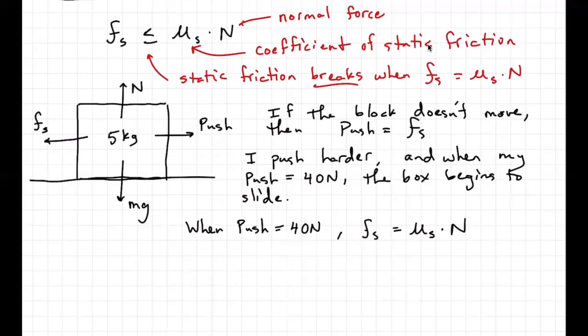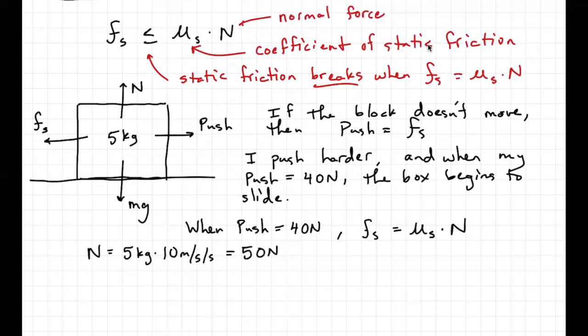So I could use that threshold value to find what the coefficient of static friction is. The normal force here is just equal to the weight. So taking g to be 10 for simplicity, the normal force is 50 newtons.